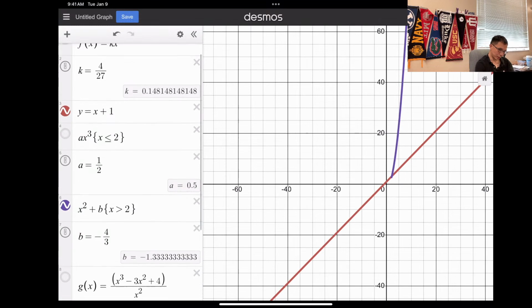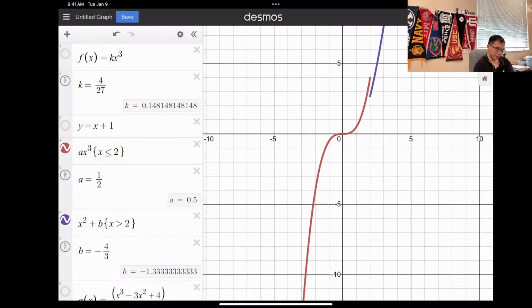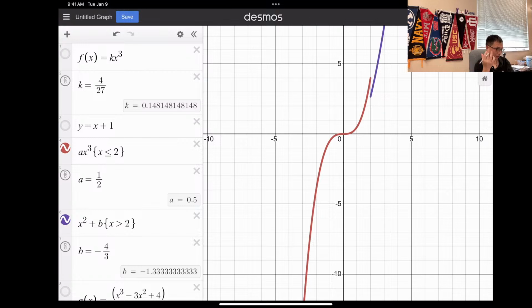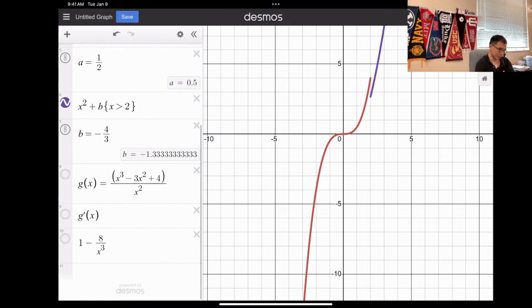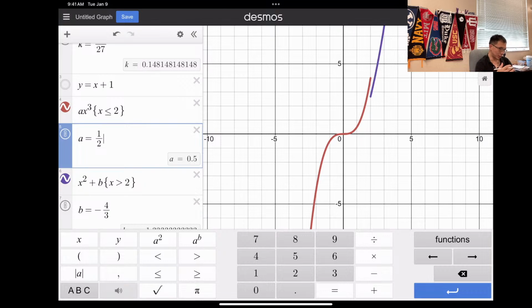Wait a second. I need to graph which function. This one, not this one. Okay. So this function, they could be continuous. I love Desmos because Desmos can show you a lot of things. Because if you add a slider on Desmos here, you can actually figure out that they can.